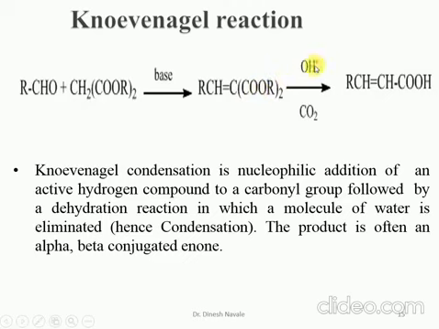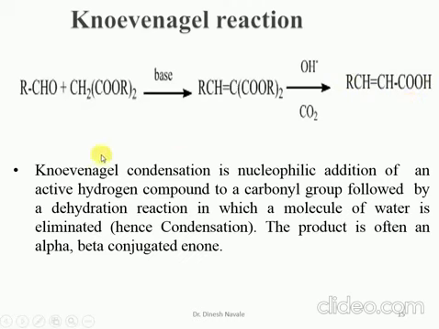And if we go for a further application of this reaction, hydrolysis of the ester can give the formation of the alpha beta unsaturated carboxylic acid. So formation of alpha beta unsaturated carboxylic acid is an application of the Knoevenagel reaction.